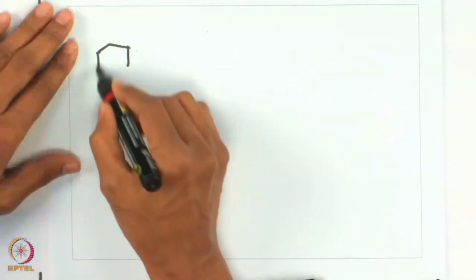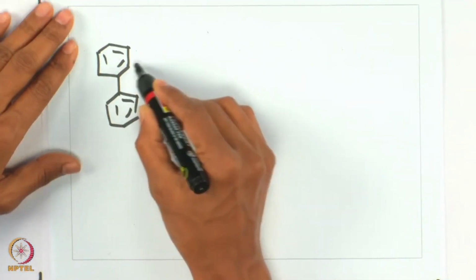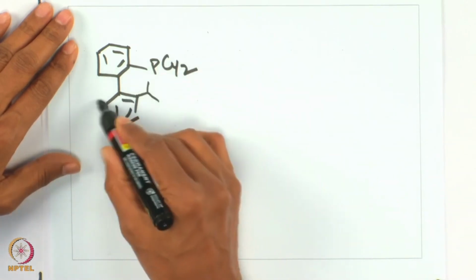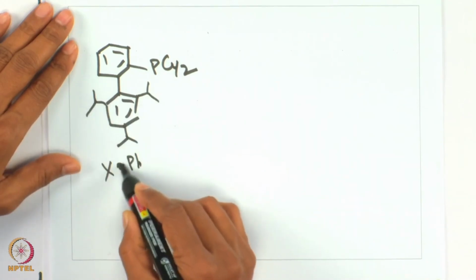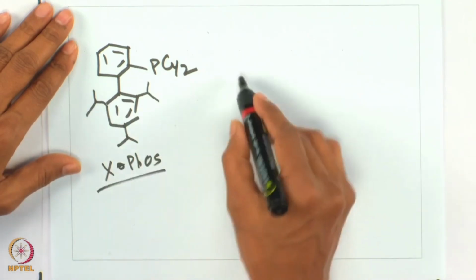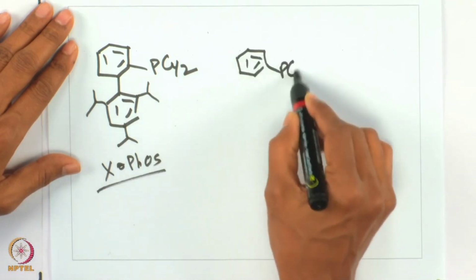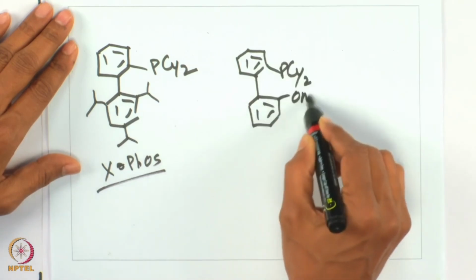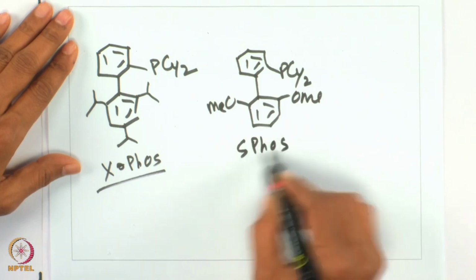So, we are looking at XPhos first. All of them are biaryl phosphine ligands, with cyclohexyl groups on phosphorus. Now, we have isopropyl groups; this is XPhos. And we then have PCy2, of course, and OMe; this is usually called SPhos.